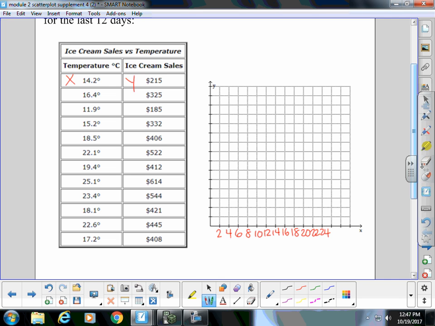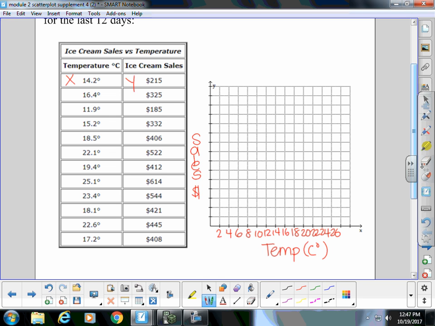And that's going to be my temps. And remember that they're in Celsius. And then my sales are over here on the y-axis, and those are in dollars.